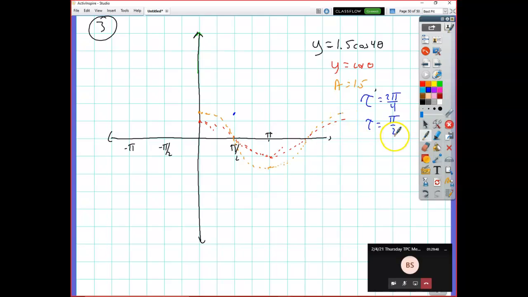We're going to get through a whole cycle by pi over 2, which means we're going to start up here, go all the way down and back up by the time we get to pi over 2. So we squished it this way. So instead of the period being a normal, relaxed 2 pi, we're getting it done in pi over 2. We start at the top, go to the bottom, come back up to the top. Okay, so you just get one of those done.